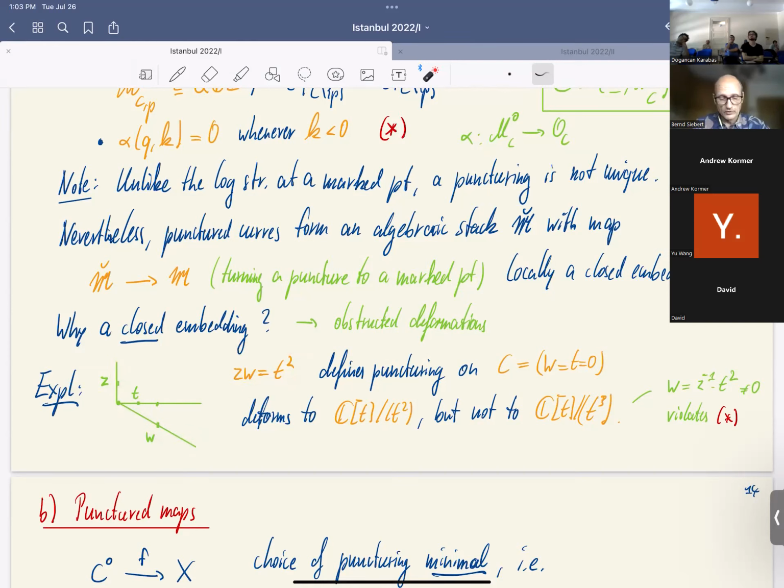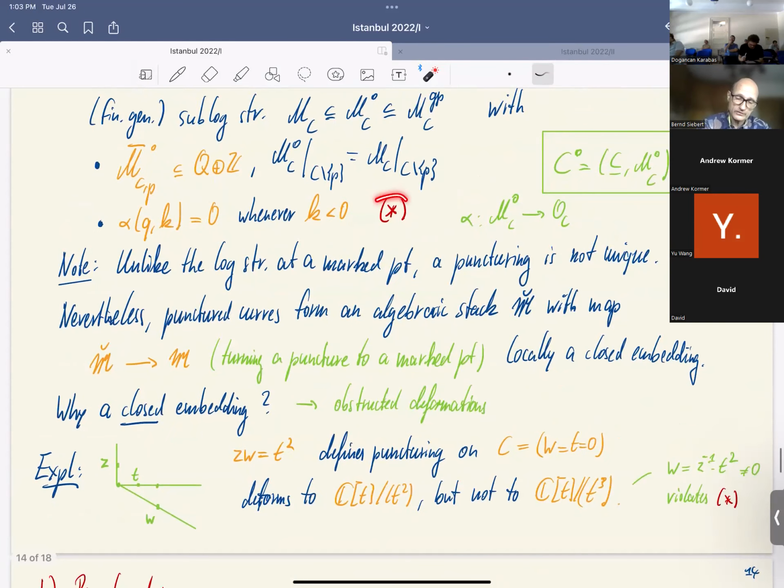And then I look at t equals 0, so just a nodal curve, one node. Sorry, not a nodal curve, obtained by splitting a nodal curve to the component W equals 0 as before. And as long as t is 0, this is a perfect puncturing, nothing wrong with it, right? So this condition here, the red condition, is fulfilled. And it's even true still, this curve deforms to C_t mod t squared. ZW is still 0.